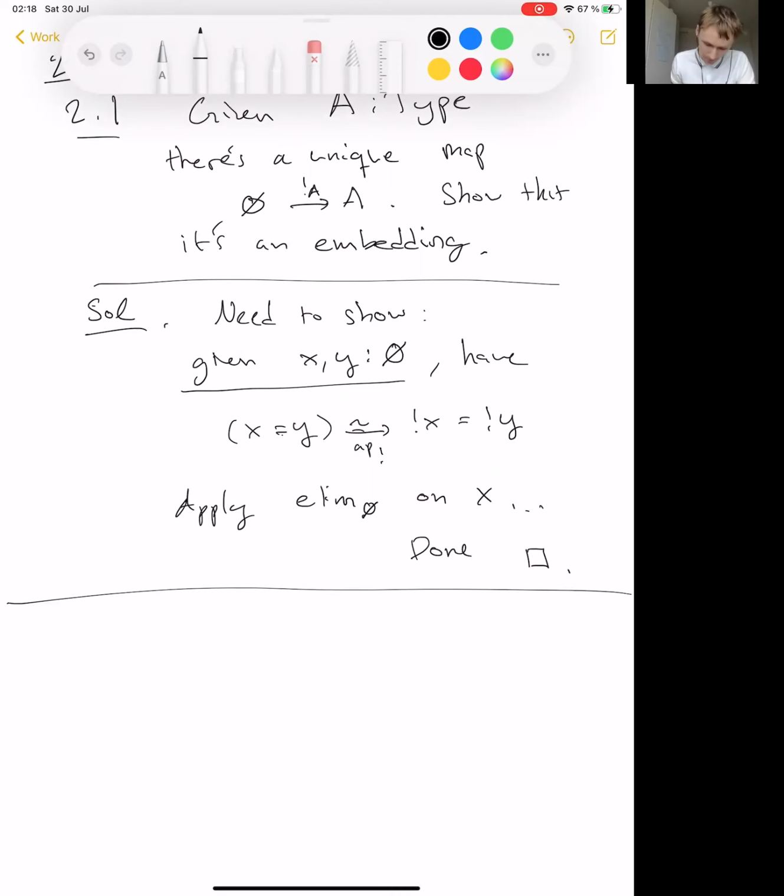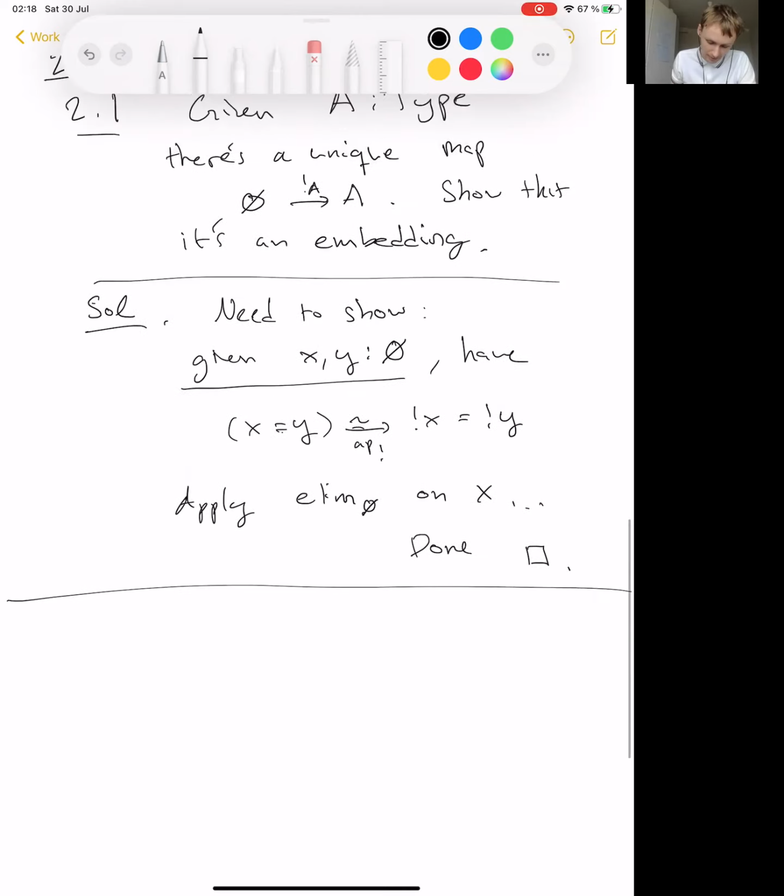Here's a less silly problem. We're going to combine all of these later to prove a nicer statement.